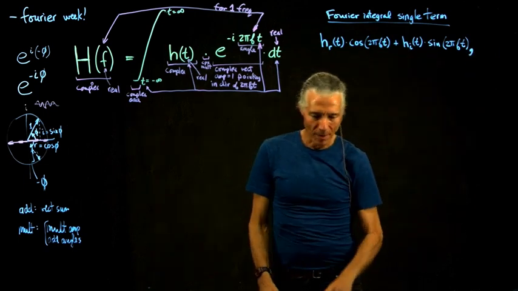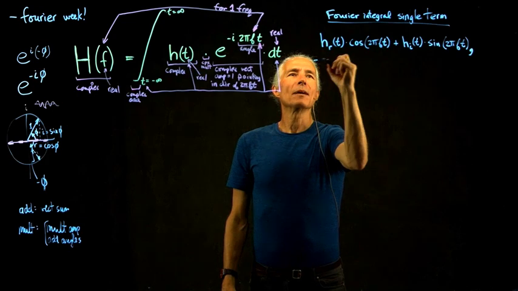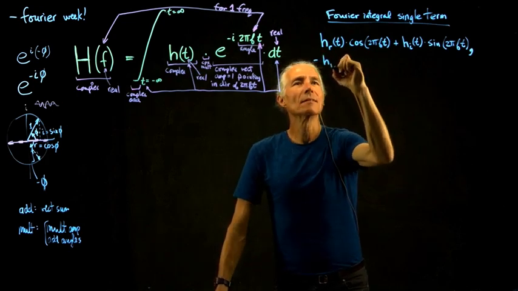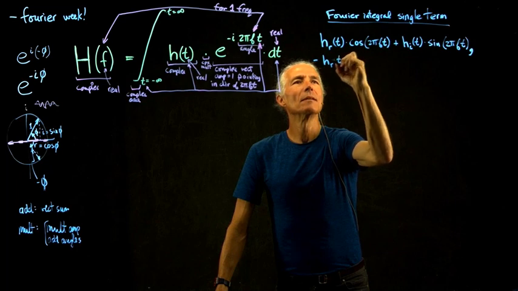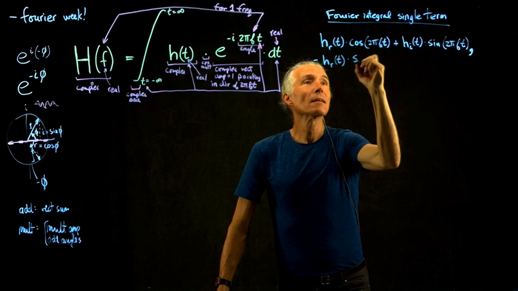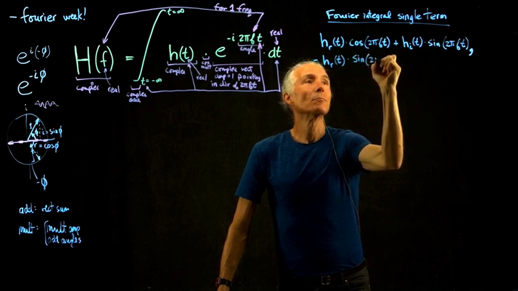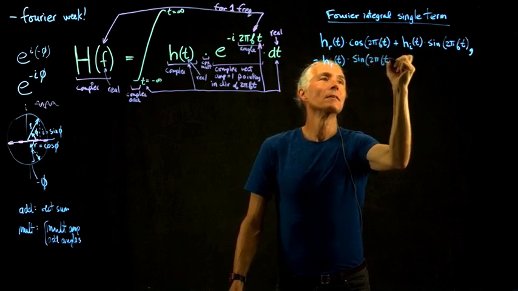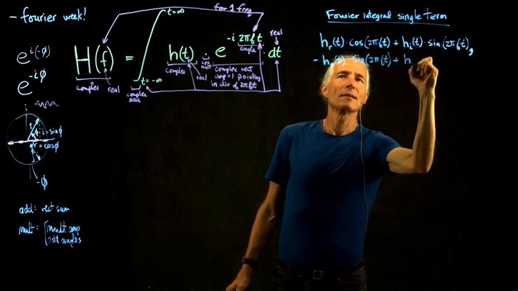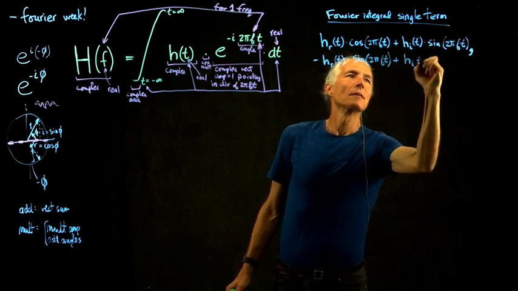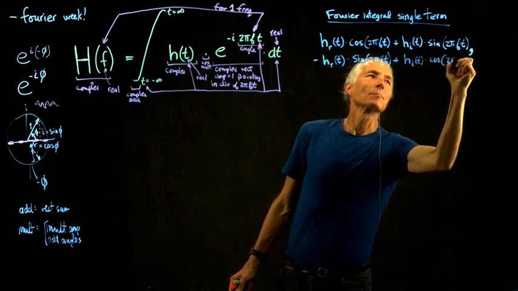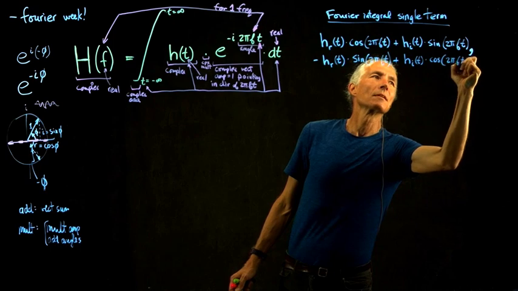And then the imaginary part is minus the real part times the sine of 2 pi ft plus the imaginary part times the cosine 2 pi ft.